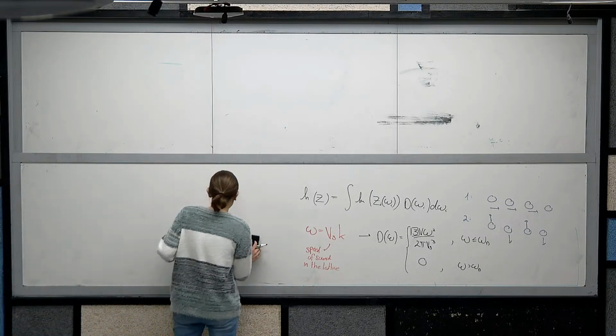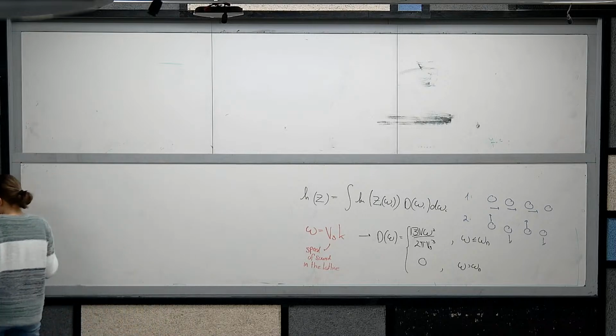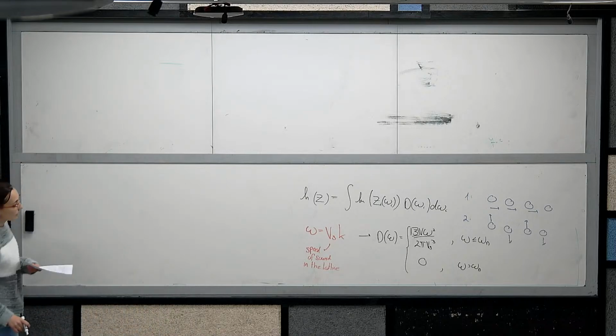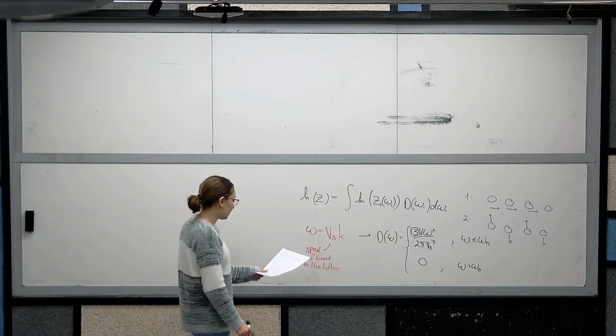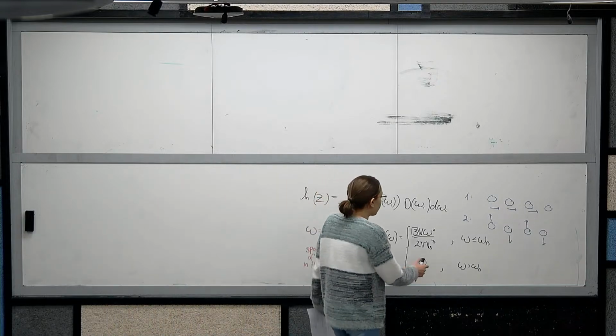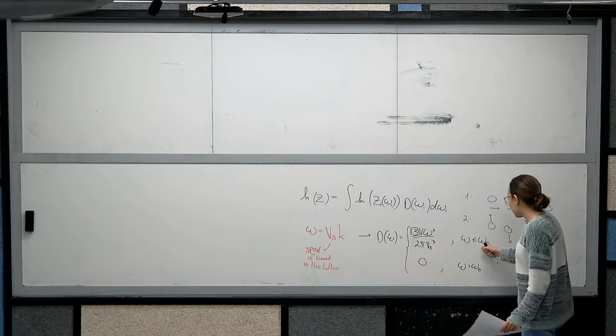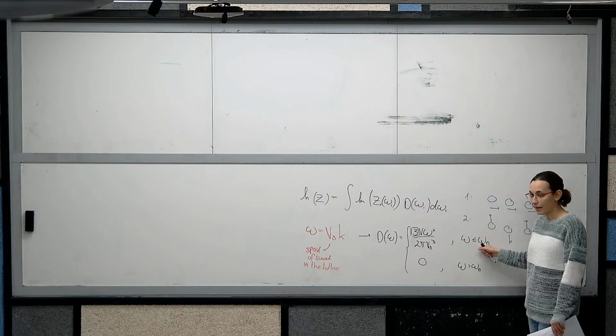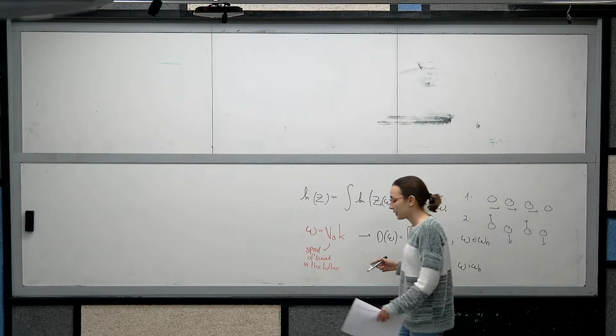So where were we? We talked about density of states. Now the question is how we find this Debye frequency, this critical frequency.